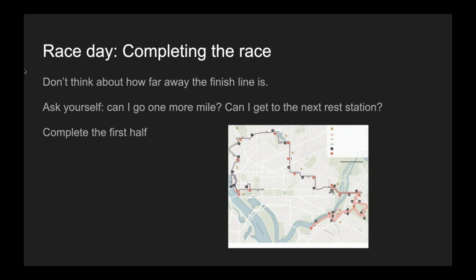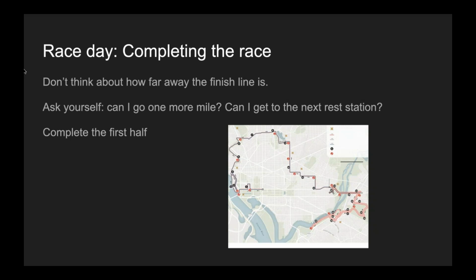Another thing is deciding how far you really need to run before these races. My rule of thumb is that I need to have run about half of the race distance during training. When you look at training schedules, if you're training for a marathon, you don't have to run 26 miles before you run a marathon.